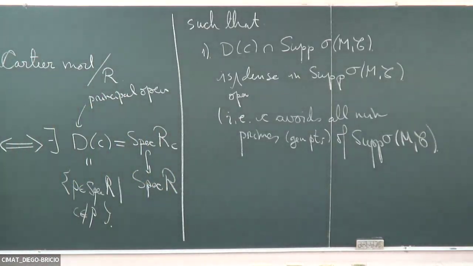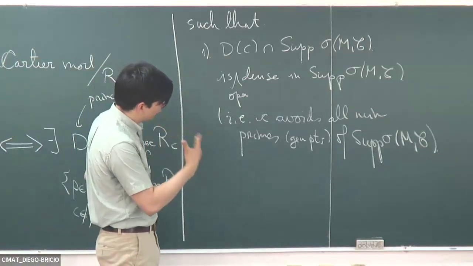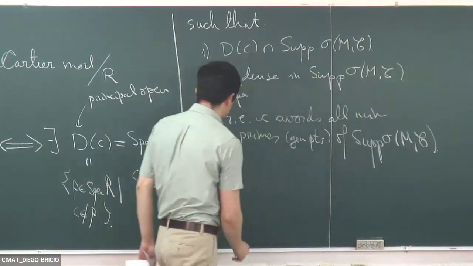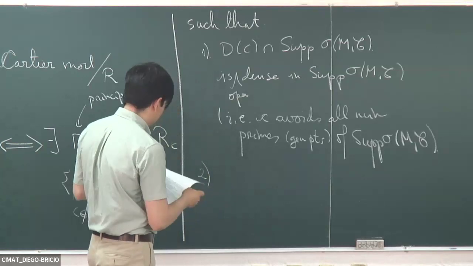That's the first condition. This open has to be sufficiently large. It has to see sufficient information of this sigma. So second, and this is the point.